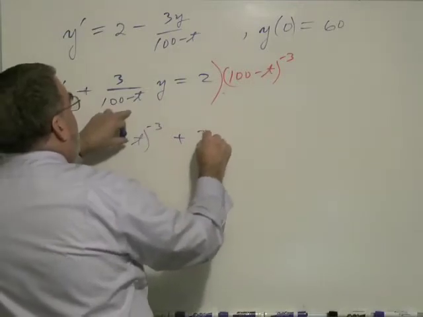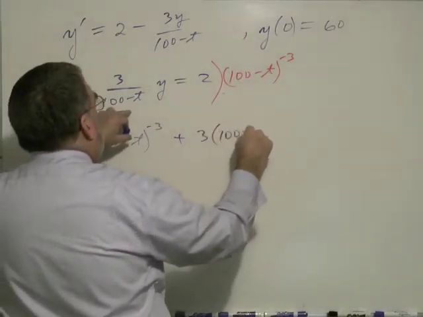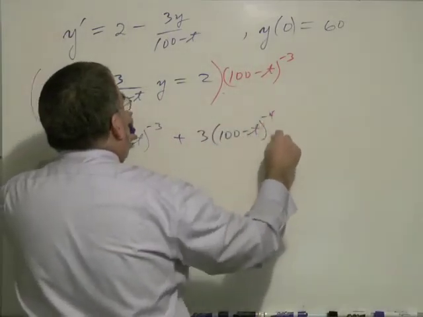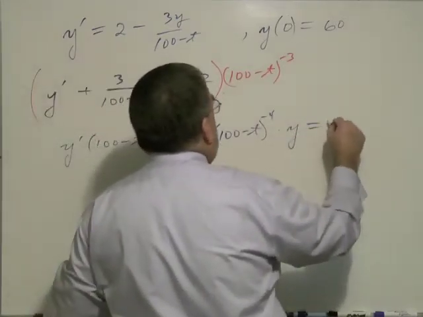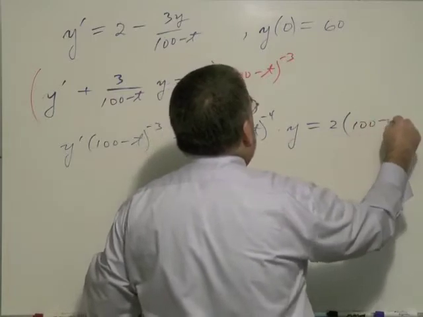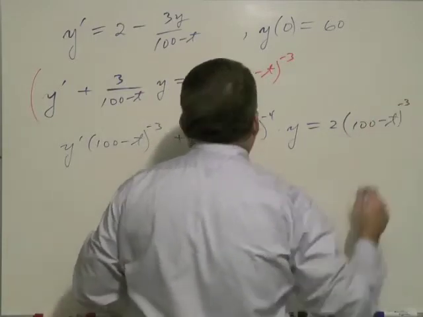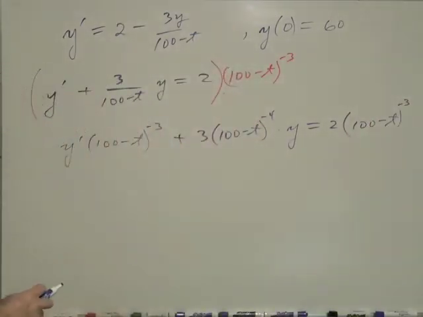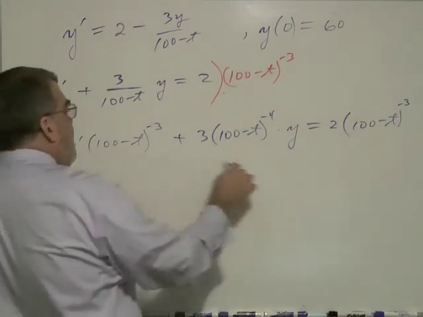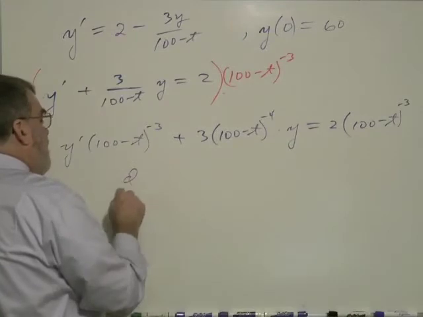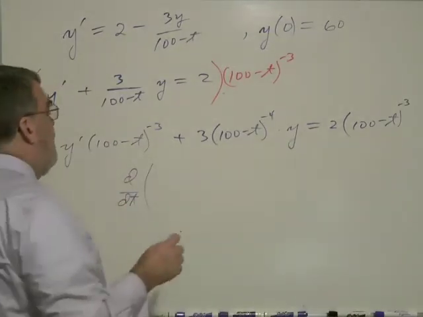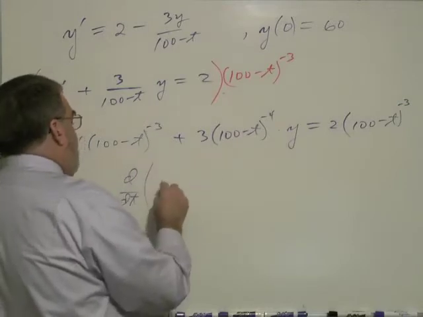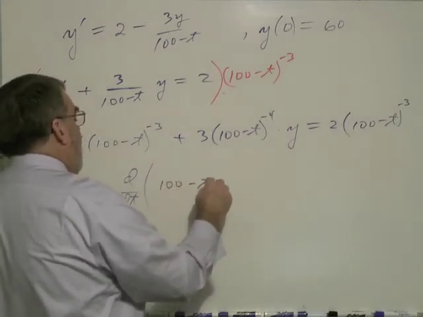I have 3 times 100 minus t to the minus fourth power times y equals 2 times 100 minus t to the negative third power. There we go. Yeah, it's kind of a mess. But it turns out this whole left side, if all went well, will be the derivative with respect to time of our variable times the integrating factor.